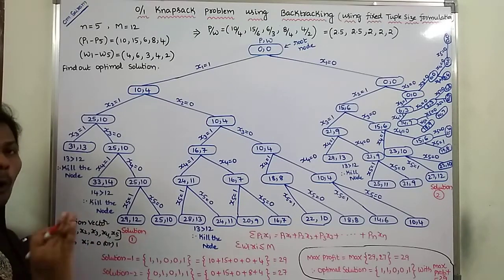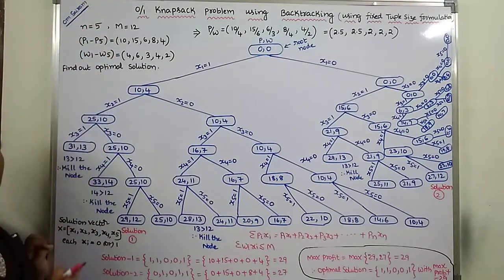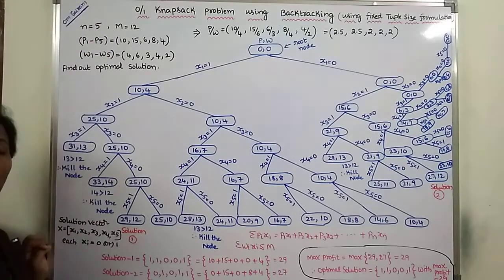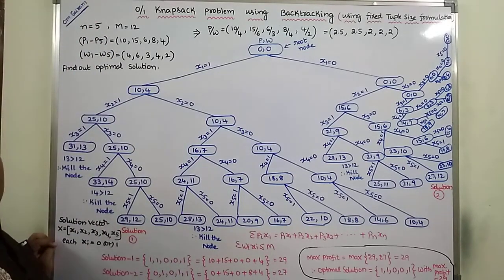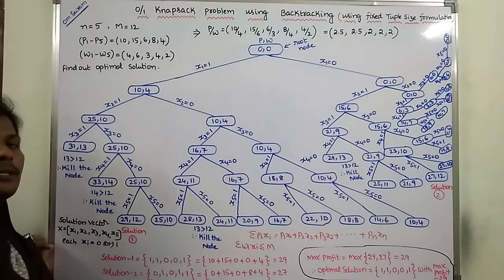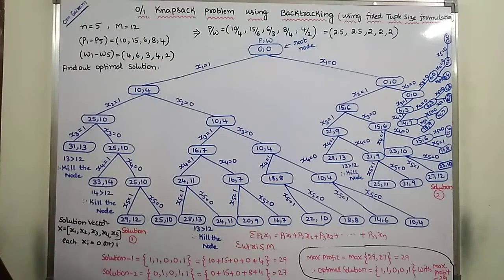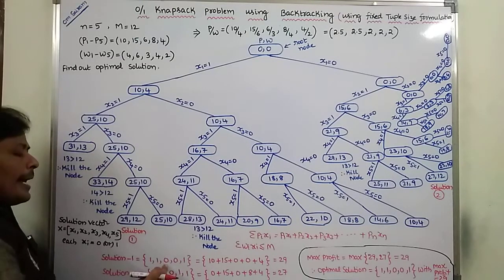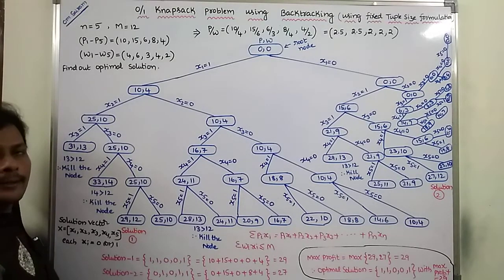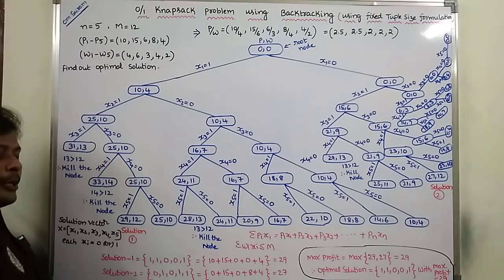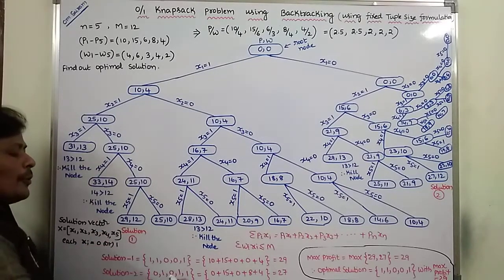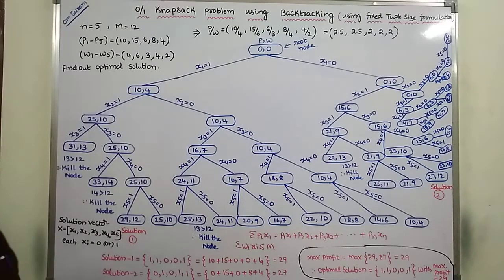Among the 5 objects, the ones considered have value 1 and the ones not considered have value 0. So here the objects x1, x2 and x5 are considered and x3 and x4 are not considered. In the second solution, x1 and x3 are not considered, and x2, x4, x5 are considered.